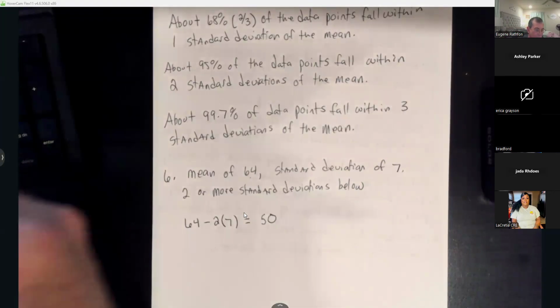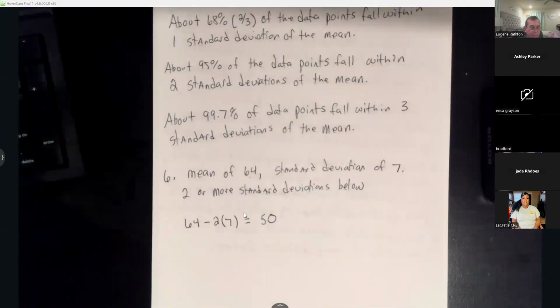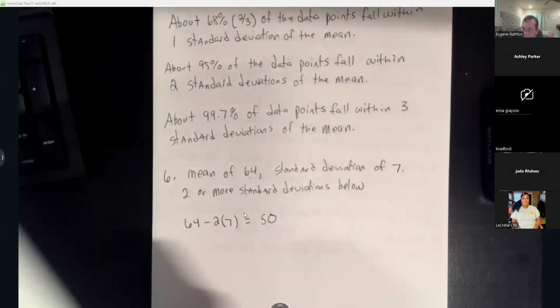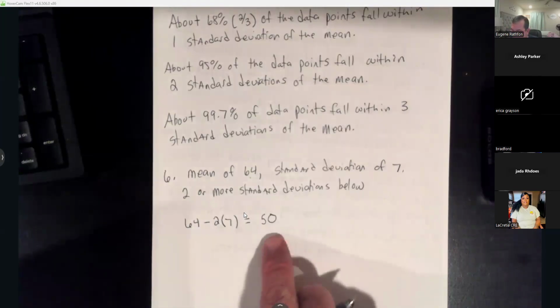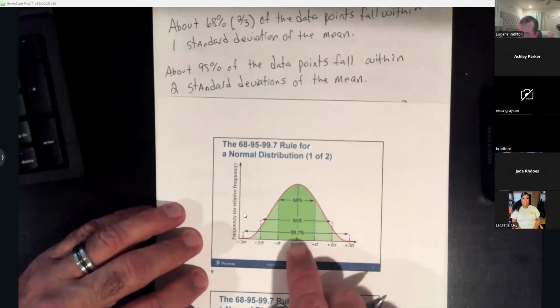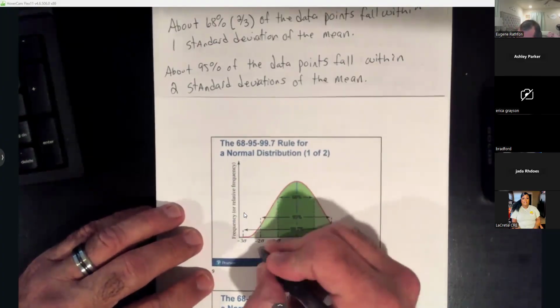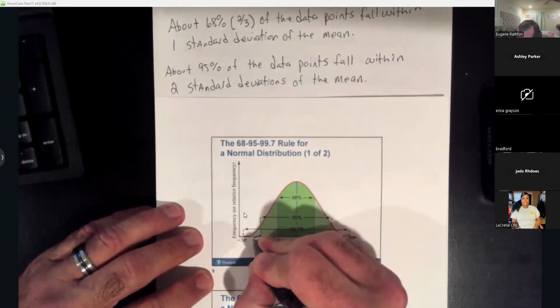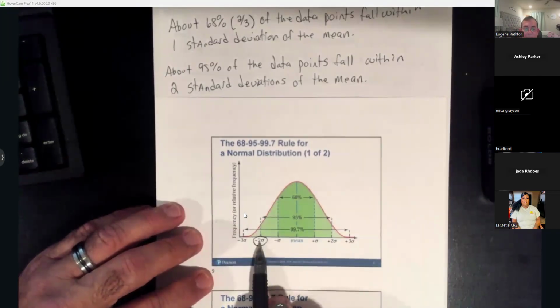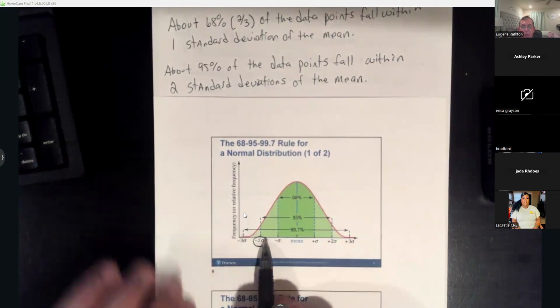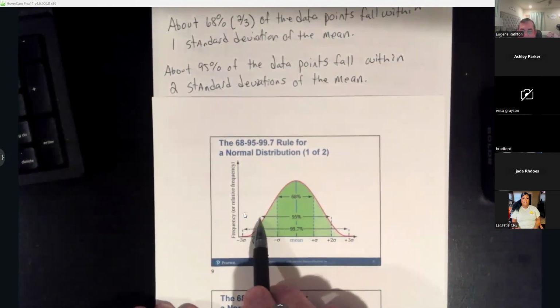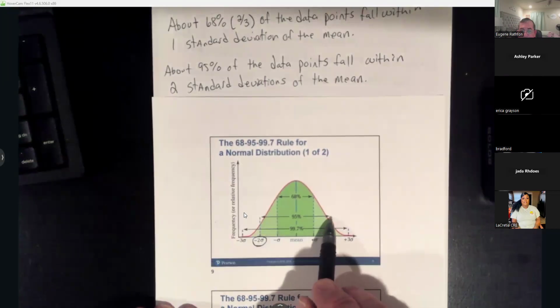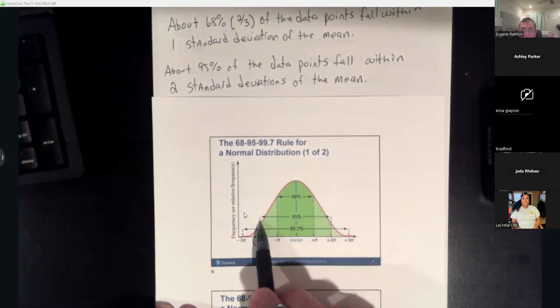Now, let me bring my chart back up here. So we know 50 is the minimum score. Now remember, we're 2 standard deviations lower, so we're right here. 95% of the data is within these 2 standard deviations.